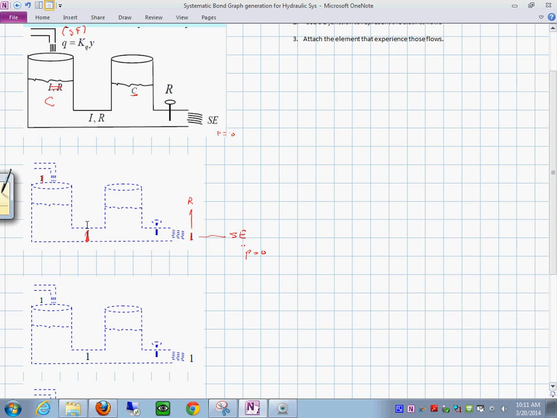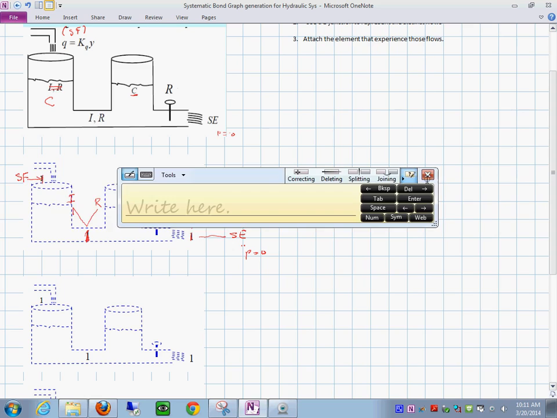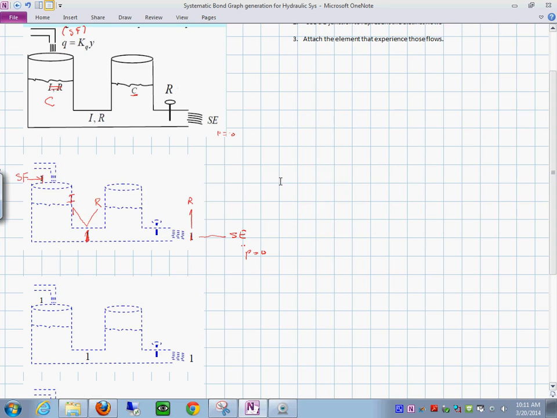And then in here you're gonna have the inertia and the resistance of this pipe. And then in here you're gonna have again another source of flow. So that would be step number 3.